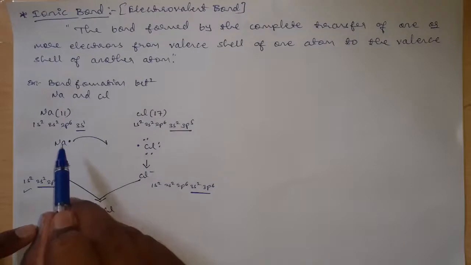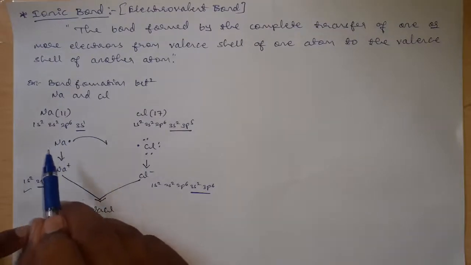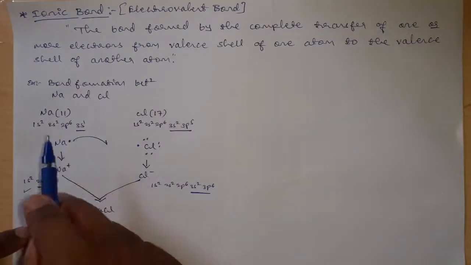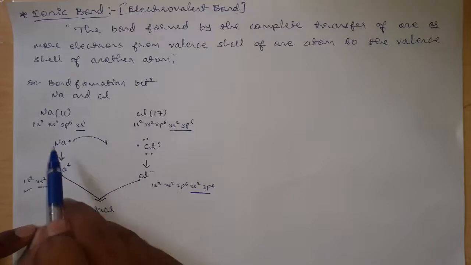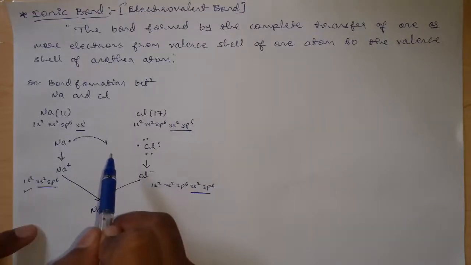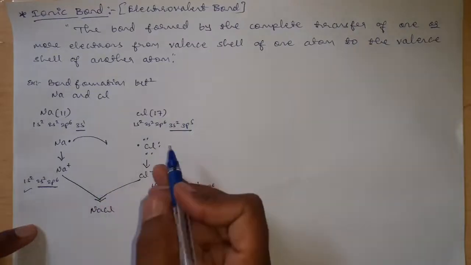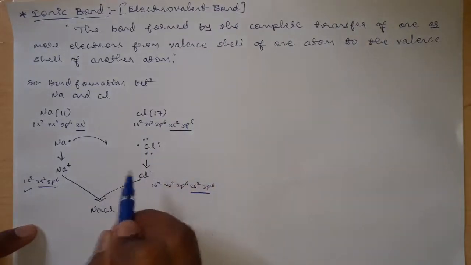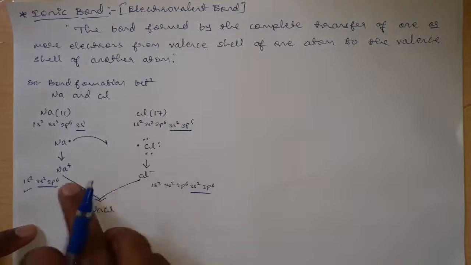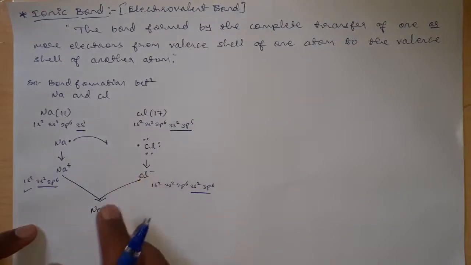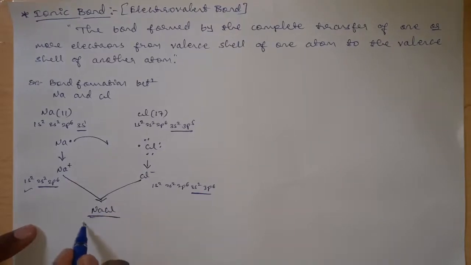One electron from the valence shell of the sodium atom is completely transferred to the valence shell of chlorine. After the formation of ions, there exists an attractive force between the oppositely charged species, which results in the formation of a bond, and this bond is called what?